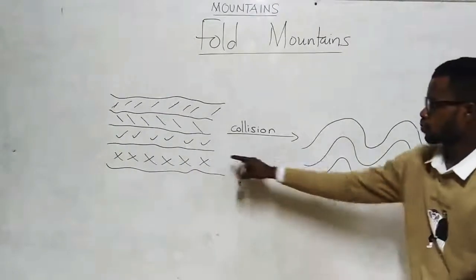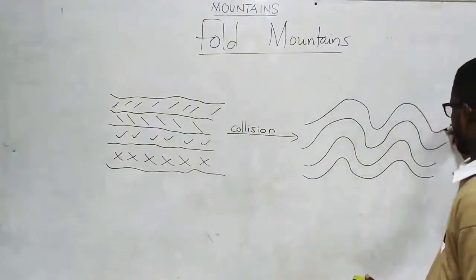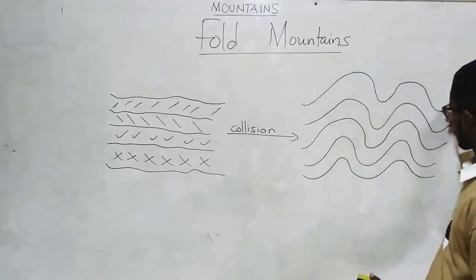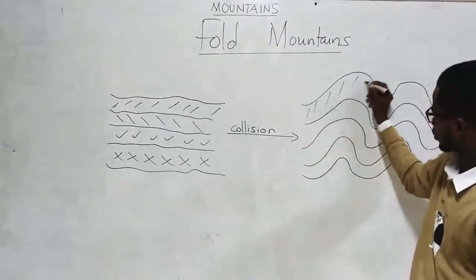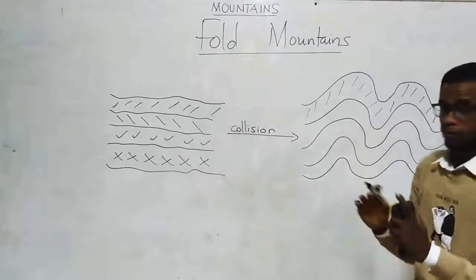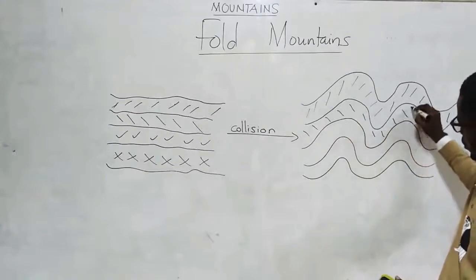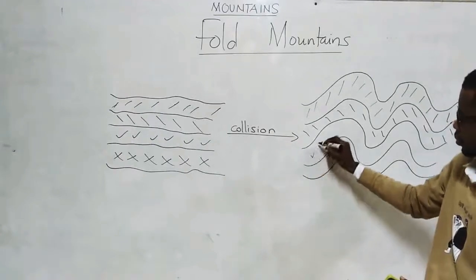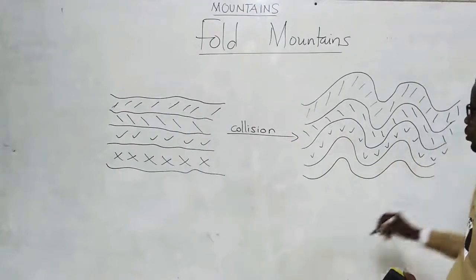That's it. Okay, so this is showing the part of the layer that was folded up, the first one, then this side too, and this area too.